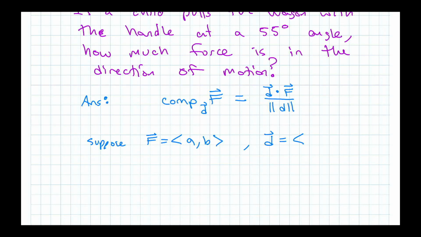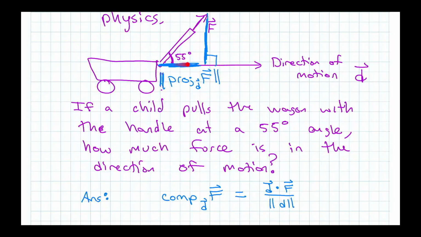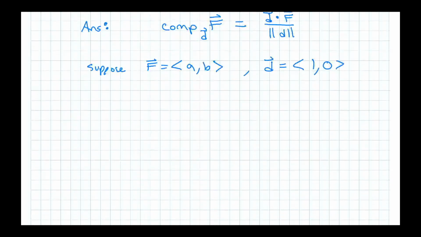So let's do A, B, and for the direction, let's say it's 1 in the x direction and 0 in the y direction, because we're pulling straight horizontally, so just an x component. The magnitude of the direction doesn't matter, so you may as well use 1, 0, a unit vector in this direction. That's what I did, right?